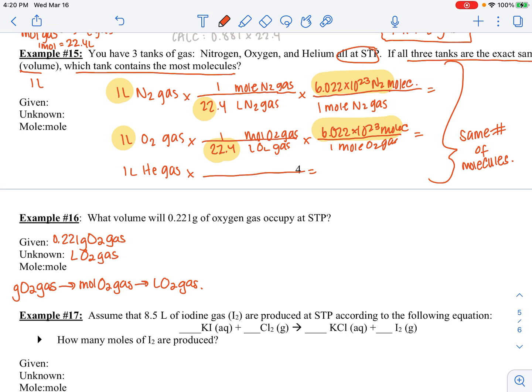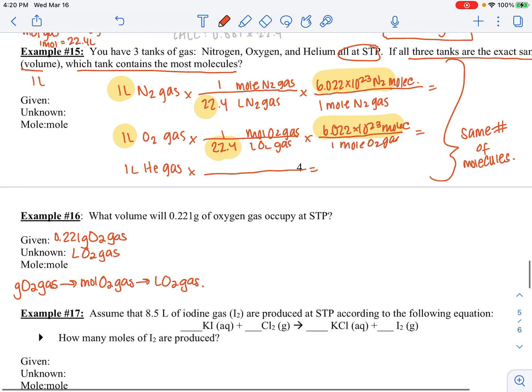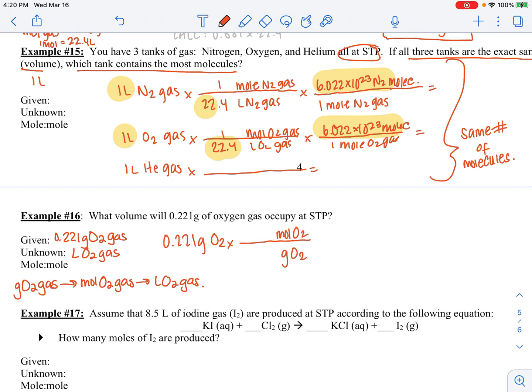Okay, time to rock and roll. 0.221 grams of O2. Then we're going to drop that straight to the bottom, grams of O2 on the bottom, moles of O2 on the top. And that is 1 mole to our molar mass of O2, which is 32.00. If you don't know how to get that, ask someone or look at your periodic table.